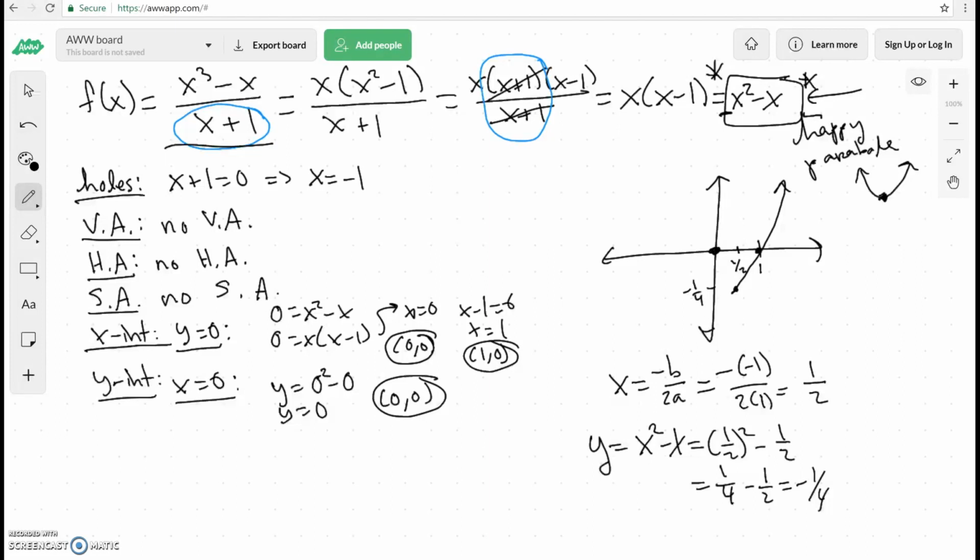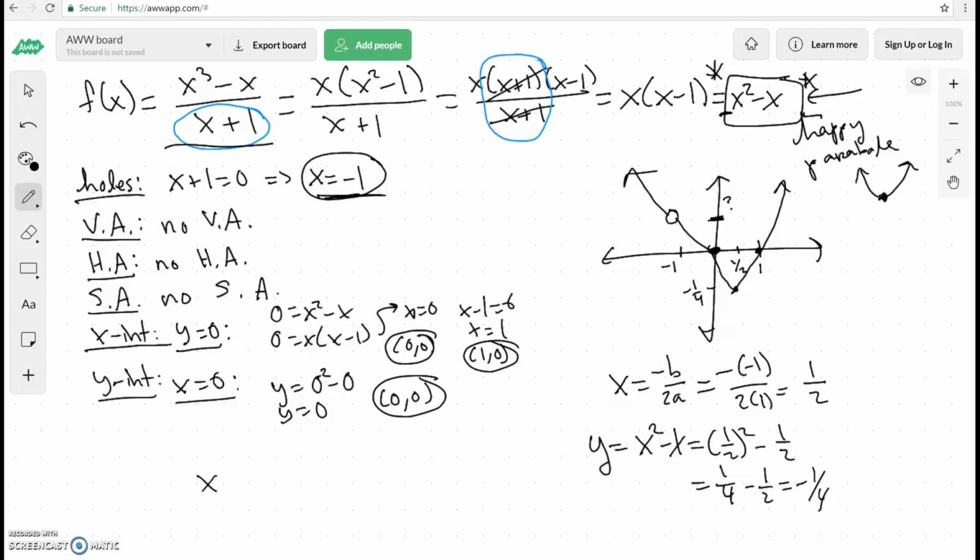Now we have to be very careful, because where was my hole? My hole was at x equals -1. So at x equals -1, I'm going to have a hole there. My parabola is very terrible, but you get the picture. If you want to figure out what exactly this y value is, plug in x equals -1.